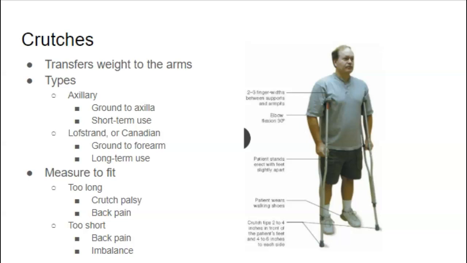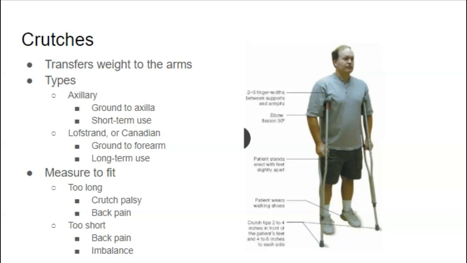You might have somebody in a boot who can put some pressure down, which would be like a 4-point gait, but prototypically this is someone who's got an injury where they're going to be at least non-weight bearing for a particular length of time, and so they're going to have to coordinate a 3-point gait, which is demonstrated in the book. This will be one of the things that the physical therapy students talk to you about, where you have a patient that can bear full weight on one leg but not the other, and then you're using the 2 crutches instead of the affected leg.